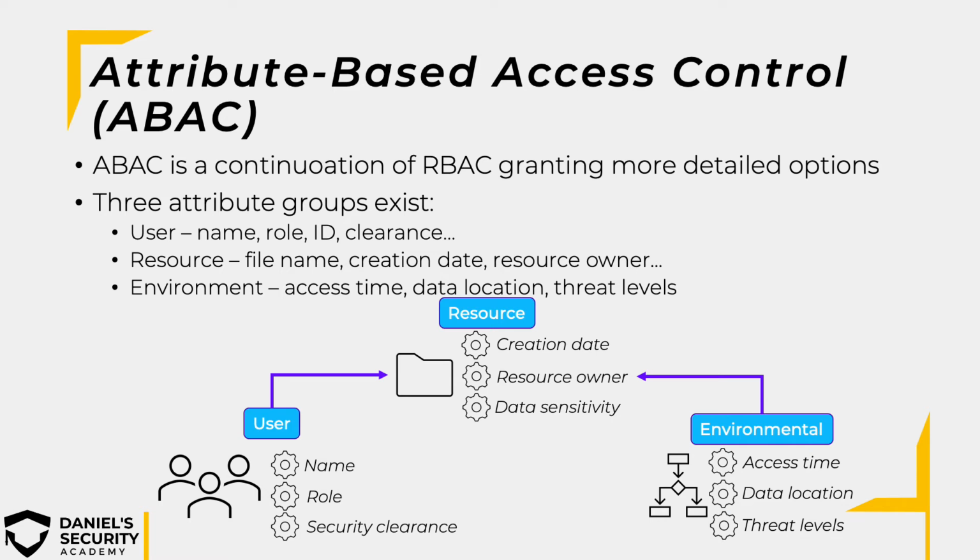But if a user tries to access the exact same resource in the nighttime, and maybe also from a different location, not from the office but from, I don't know, an IP address outside of the country, he or she will not be able to access it, because the attribute-based access control will deny the authorization of the access.